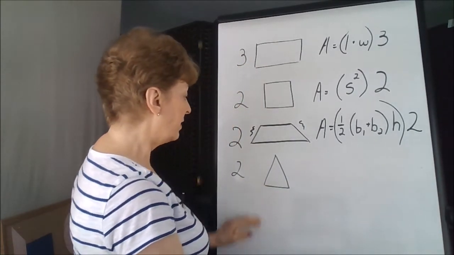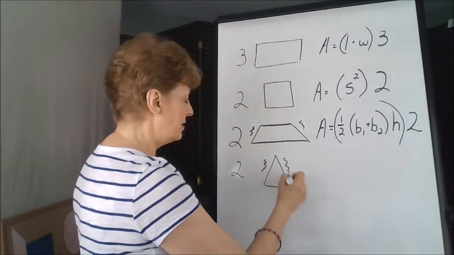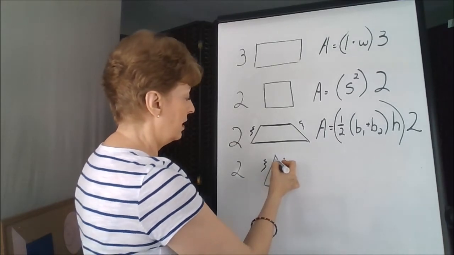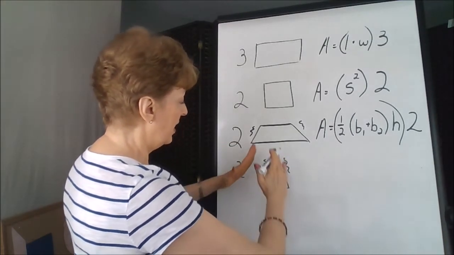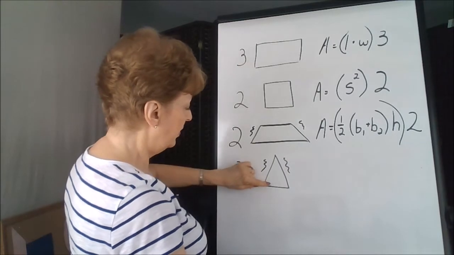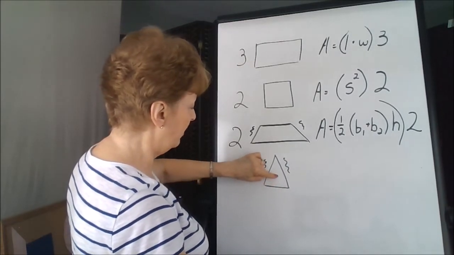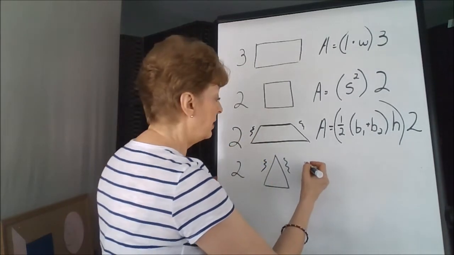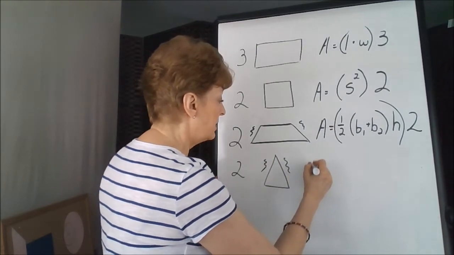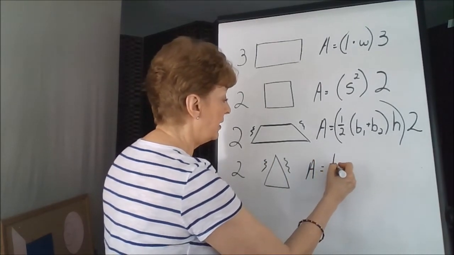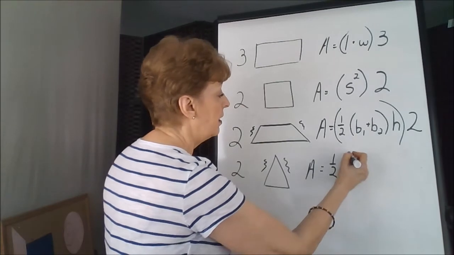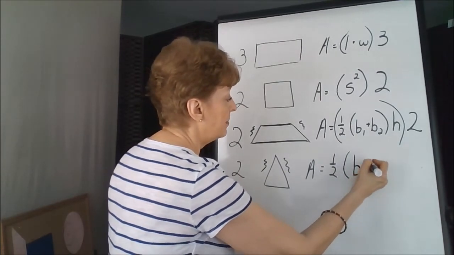And our triangles also have wasted space. Whenever you have a difference in the altitude here, we have a thicker bottom than the top, you're going to have some wasted space. So area is equal to, again, 1/2 base times the height.